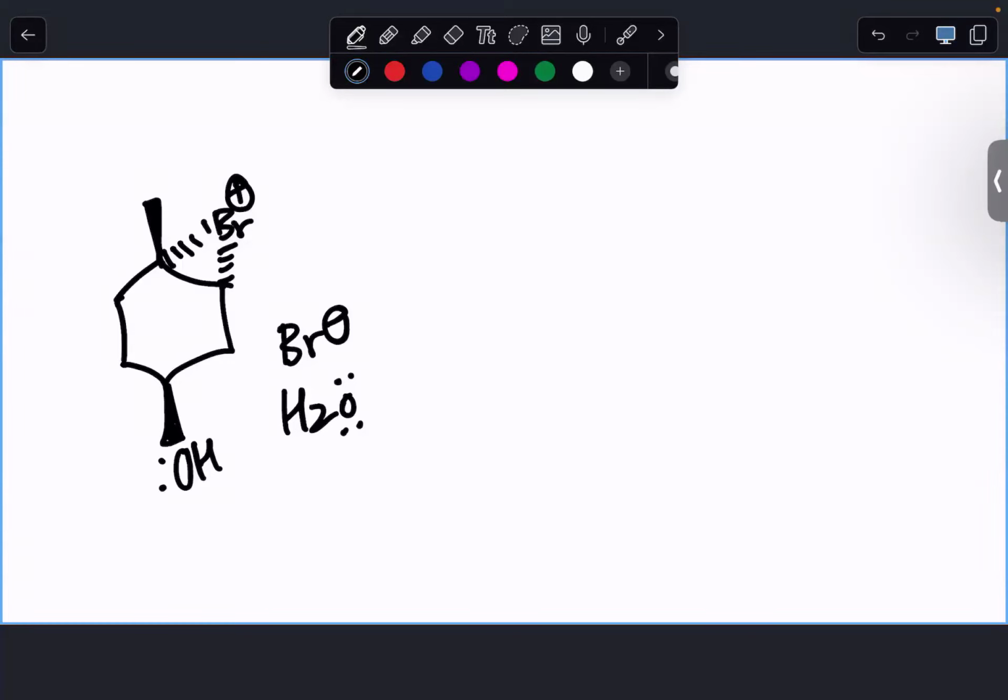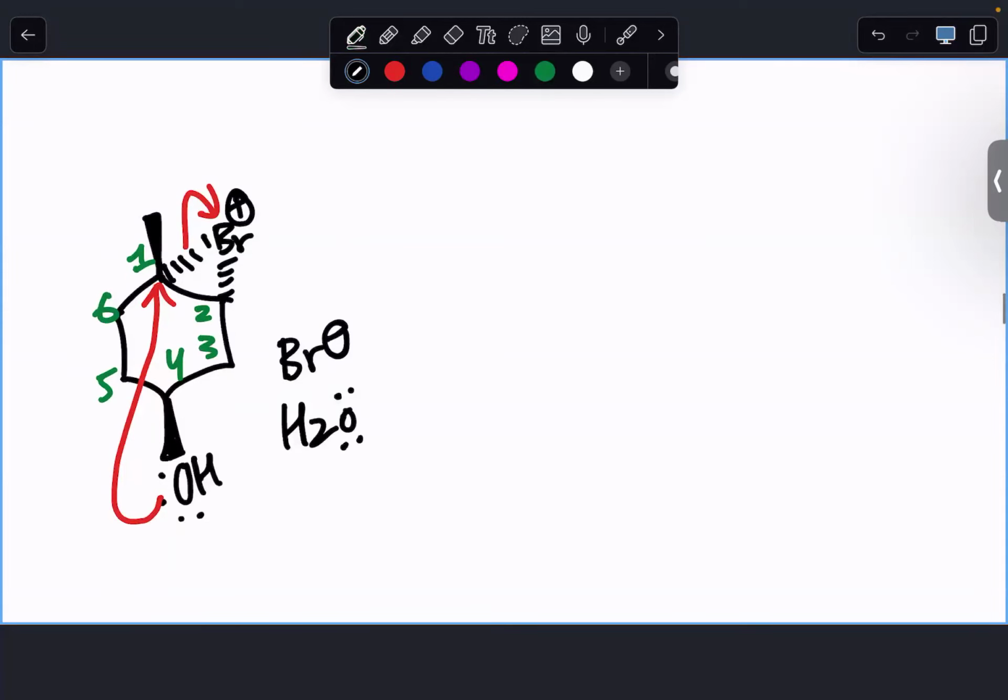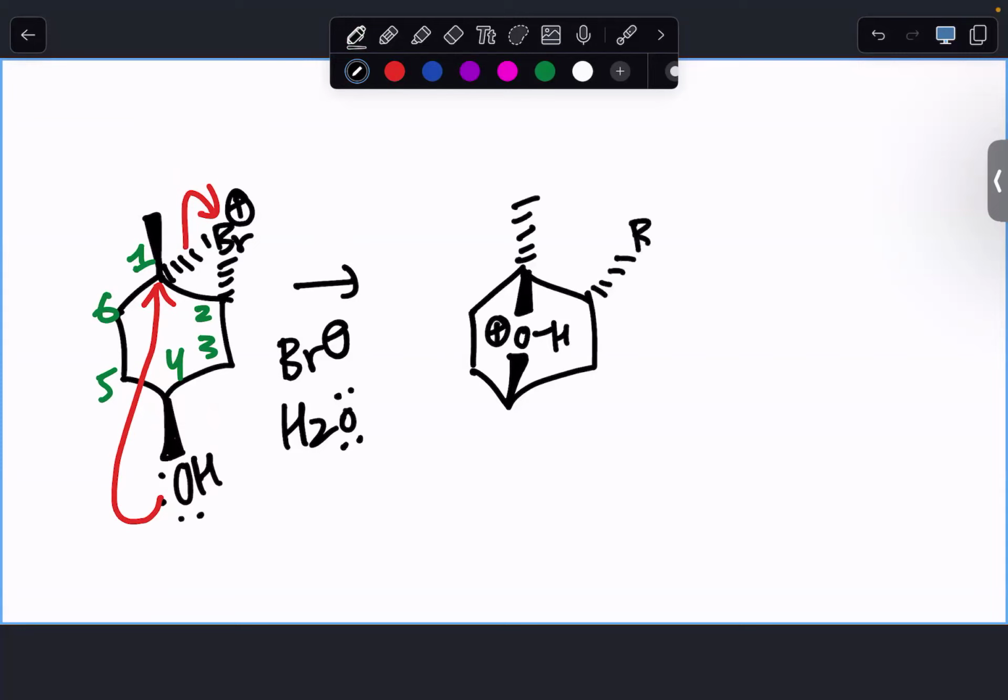So let's say this was the nucleophile here. This nucleophile will attack that more substituted carbon, breaking that bond up there. I'm going to number these to keep track of every atom. Let's say this is 1, 2, 3, 4, 5, 6. When that happens, we're going to get this right here, where this oxygen attacks that carbon and inverts that dash into a wedge right there.